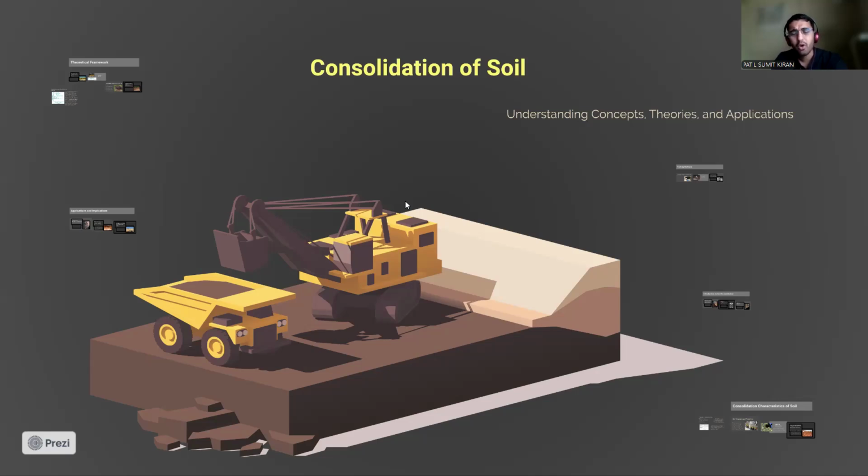If the settlement or the effect of consolidation is beyond the limit we are considering, then we have to apply mitigation measures. Pre-consolidation, drainage, and compression of the soil to a certain level can increase the stability and strength of the soil, so that consolidation cannot further affect the building we are going to construct. So this is the overall about the consolidation of soil. Thank you.